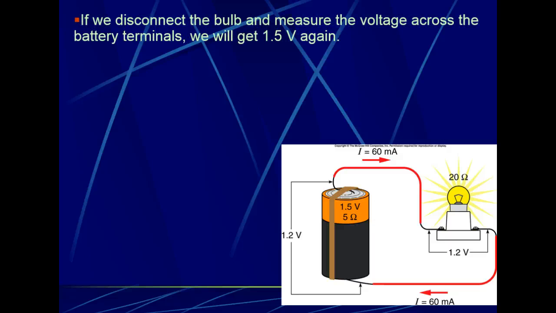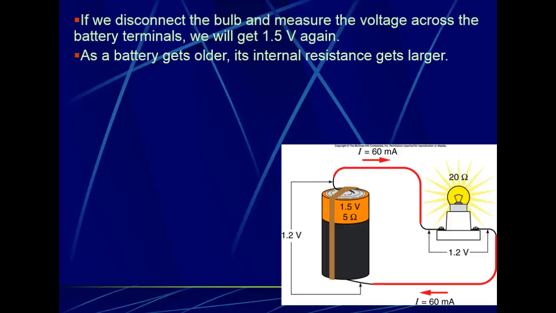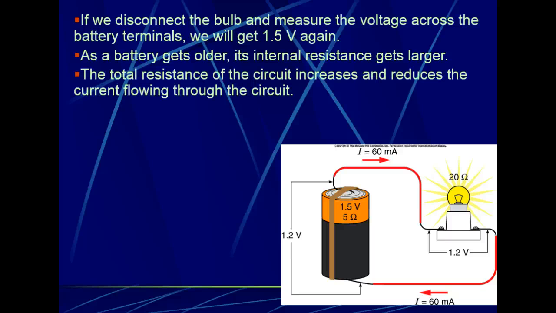So if we disconnect the bulb and we measure the voltage across the battery terminals again, we're going to get 1.5 volts. We have to have a full path. The total resistance of the circuit is going to increase and reduce the current flowing as the battery gets older.